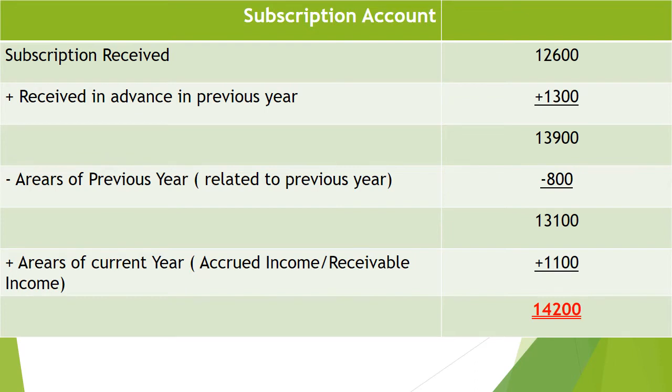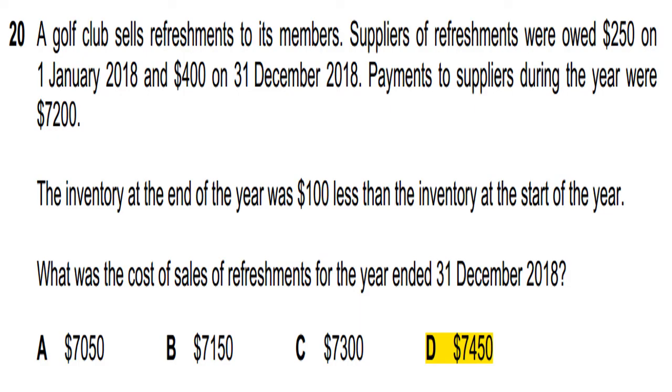It will be received in next year, but it is income of current year, so it will be added in the current year. 13,100 plus 1,100, we will find 14,200.